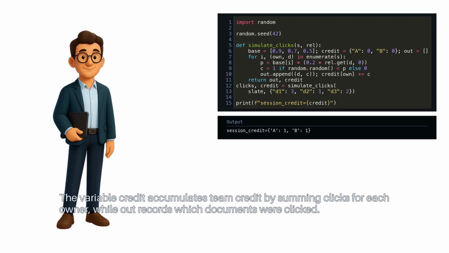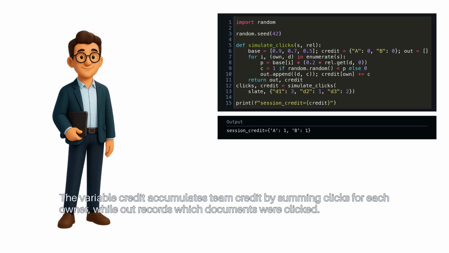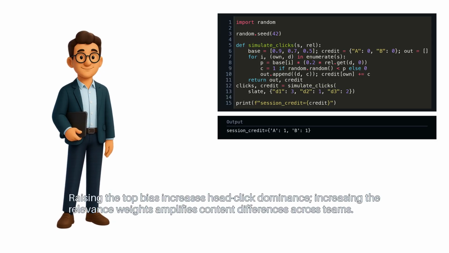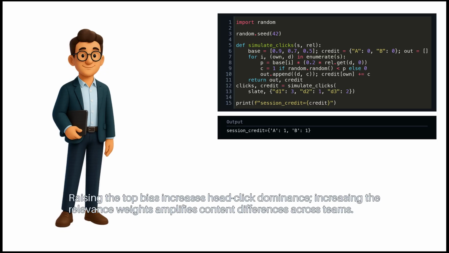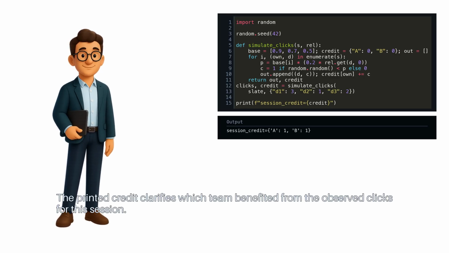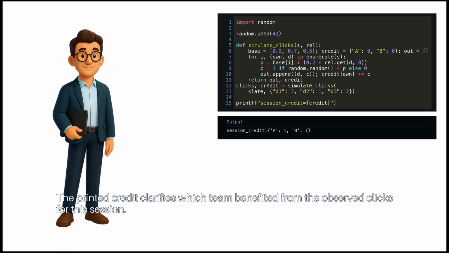The variable credit accumulates team credit by summing clicks for each owner, while out records which documents were clicked. Raising the top bias increases head click dominance. Increasing the relevance weights amplifies content differences across teams. The printed credit clarifies which team benefited from the observed clicks for this session.